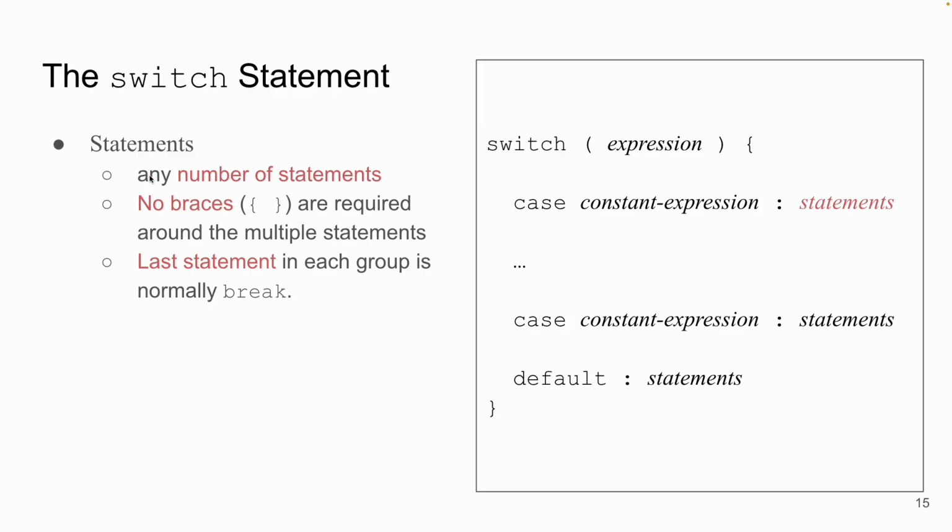What is interesting is that unlike the if-else statement, where if we want to put multiple statements we need to create a compound statement with curly braces, in the switch statement inside every case we can directly put multiple statements. So we don't need braces here.